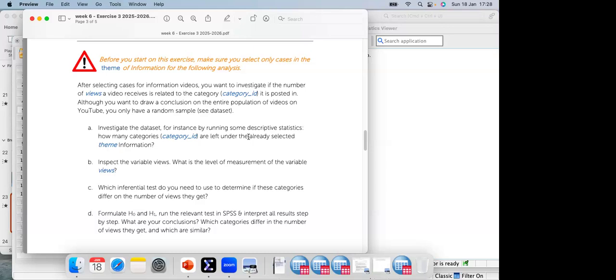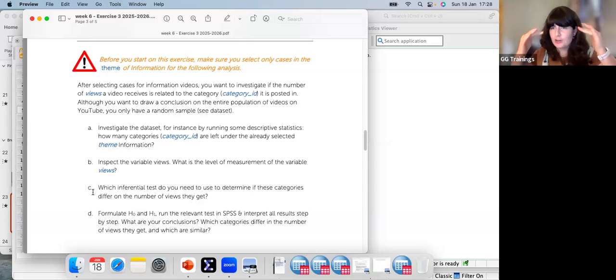Cool. And then if you look at C, I don't know if you notice this in your exercises, but when you do question 4, and it's 4A, 4B, 4C, every mini question is building to the next one. There's a reason they asked you to look at how many categories were left.